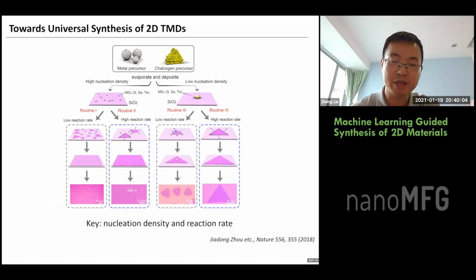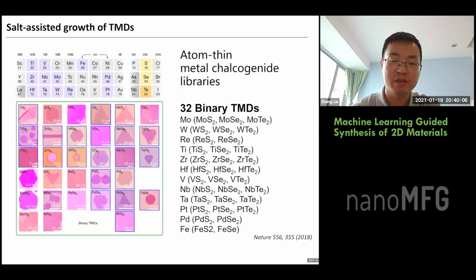So, going back to the idea of molten salt, we just borrowed the idea for the growth of TMDs, and we demonstrated that we can grow tons of TMDs. So almost all the TMDs can be grown by adding molten salt.